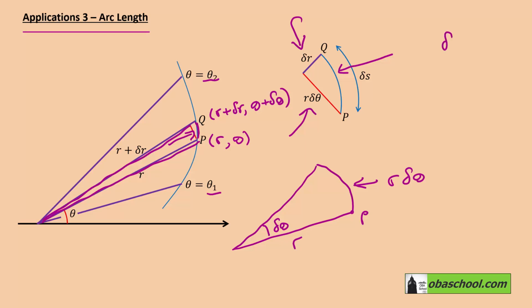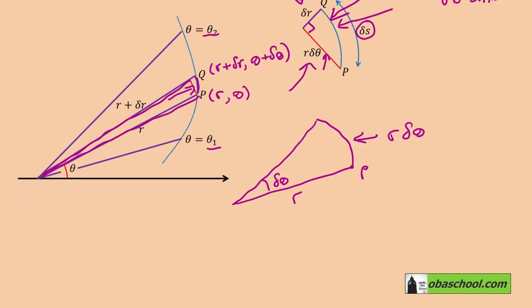Then when we take delta theta as being small, we can approximate that by a straight line. We can also approximate this arc by a straight line, and then we have a right-angled triangle, which is right-angled here, so our delta s is the hypotenuse.